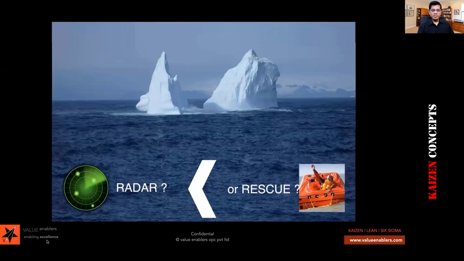Example of concept FMEA: tourism on Mars. Tesla, how many of you have heard about Tesla? They come up with so many concepts, right? Now, there is also a potential risk in the concept.